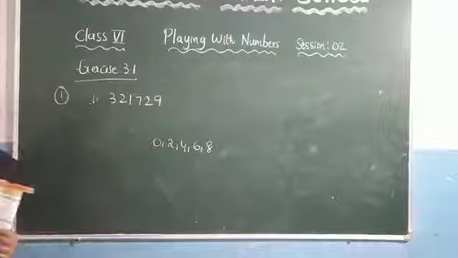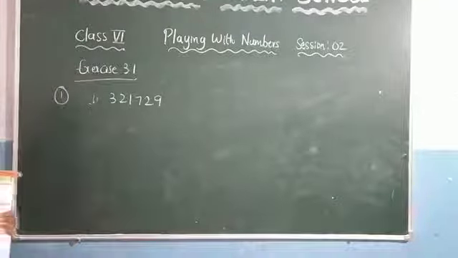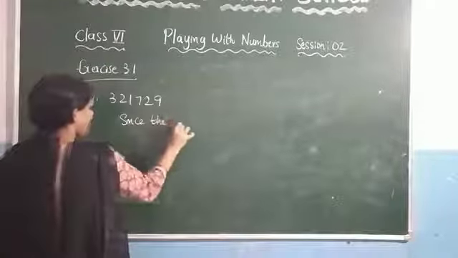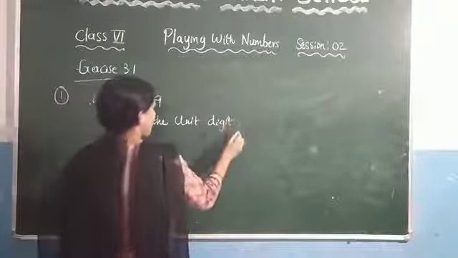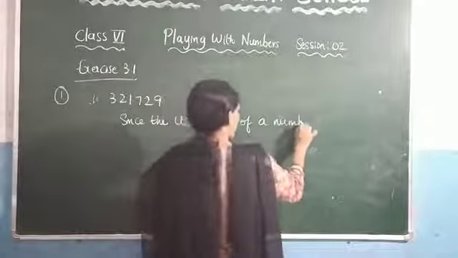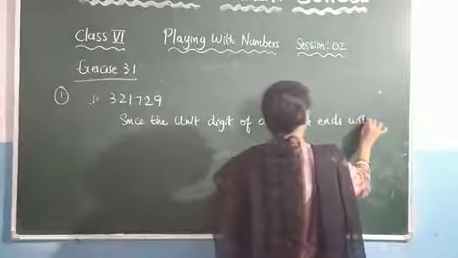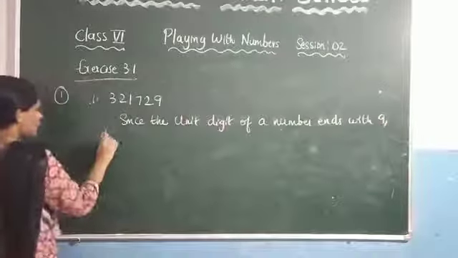So write it. Since the unit digit of a number ends with 9, it is not divisible by 2.